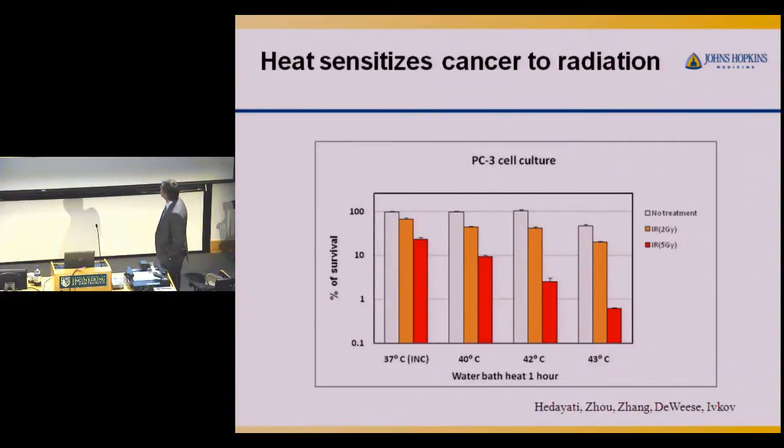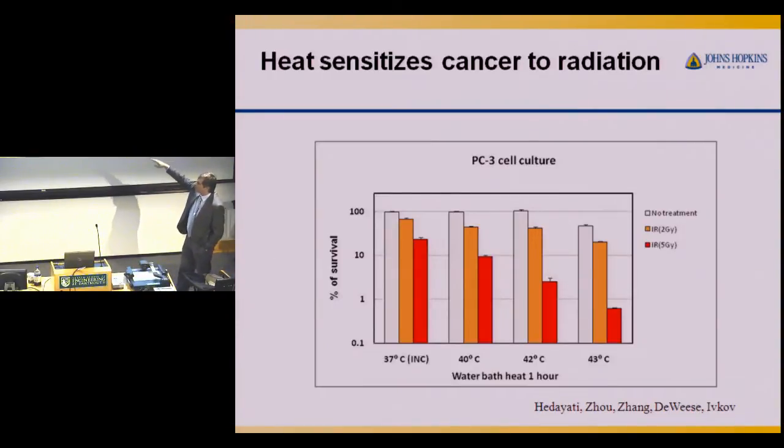So these are some cell culture data. PC3s are a human prostate cancer cell line. And what these data show are survival curves. On the y-axis, you see percent surviving fraction, assayed after a 1-hour exposure of the cells to these various temperatures, 37 degrees C, 40 degrees C, 42, 43, and so on, in a water bath.